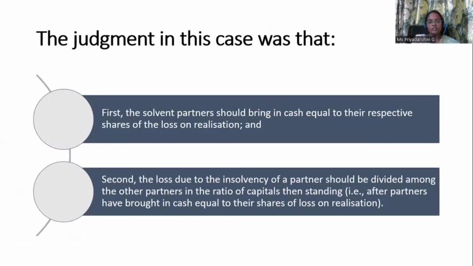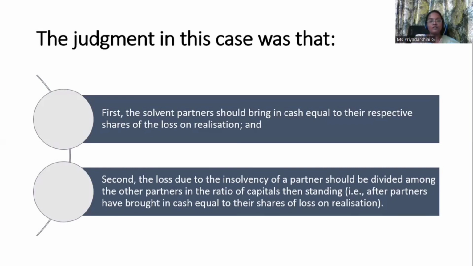Here comes the judgment. First, the solvent partners should bring in cash equal to their respective shares of the loss on realization.